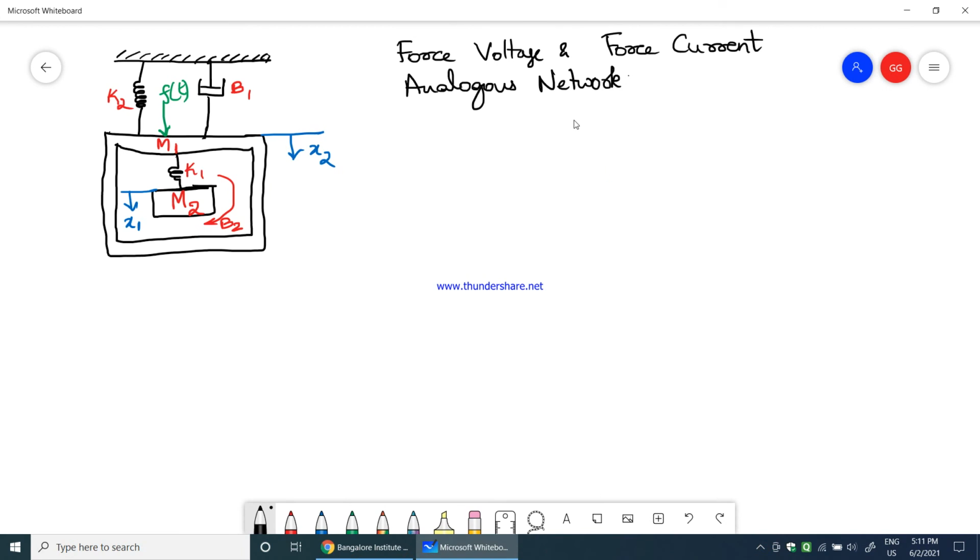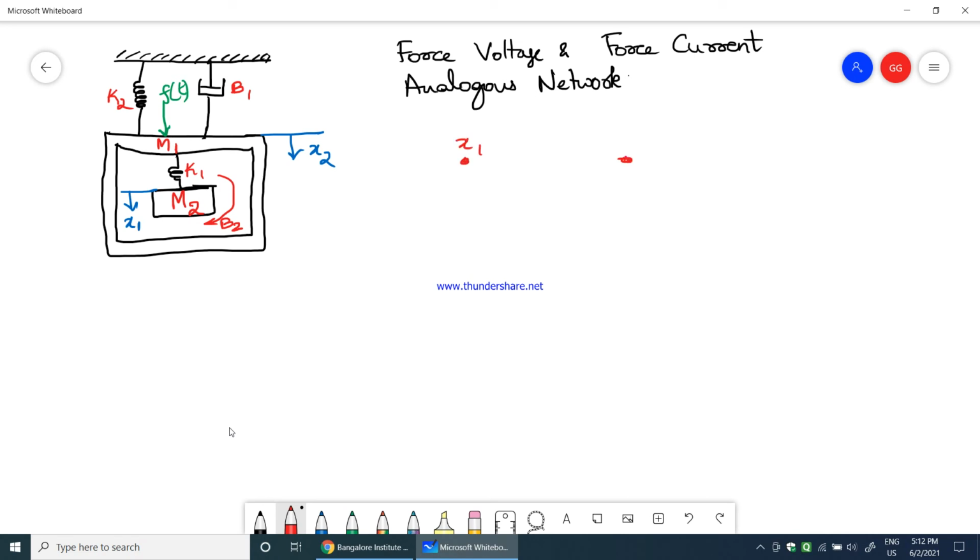Now let us look into this control system, mechanical system, and let us find out the way to write the force voltage and force current analogous network. I'll just do it fast like how we did in the previous problem. So first step is what? To write the network. Okay, so we have x1 here and x2 here, two nodes.